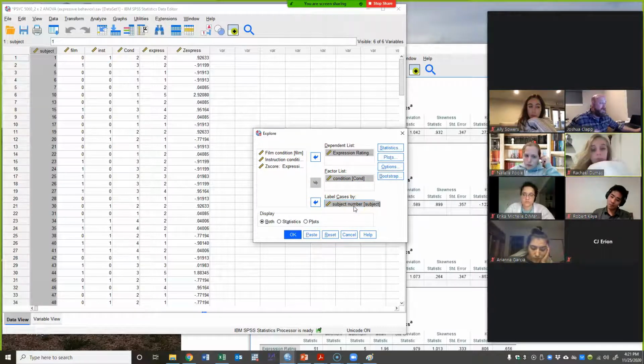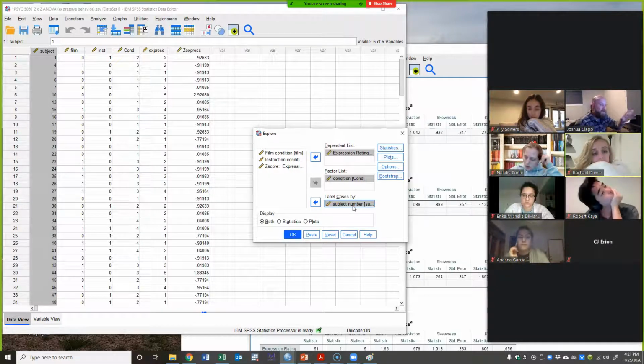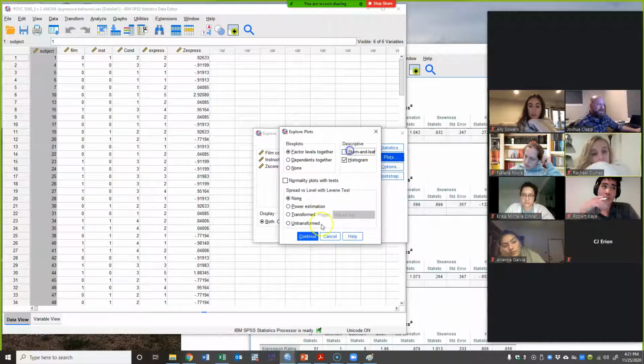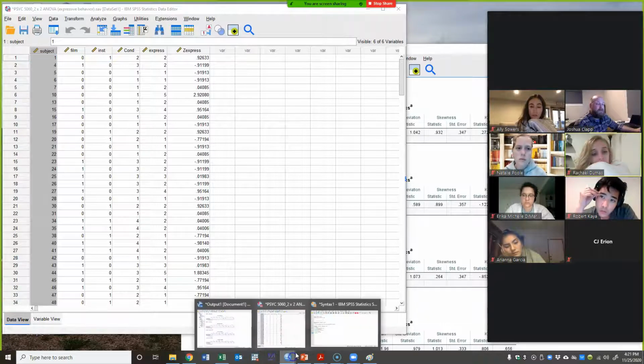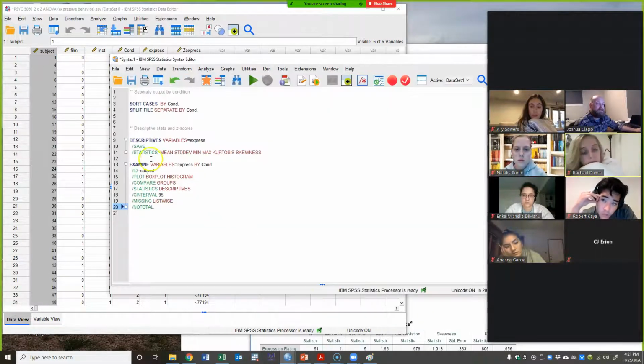If I hadn't unsplit that file by sorting it, it would have given me weird stuff, because I would have been trying to run this on a split file. So I'm going to go to my plots, request a histogram, turn off my stem and leaf, and then paste that into my syntax file.